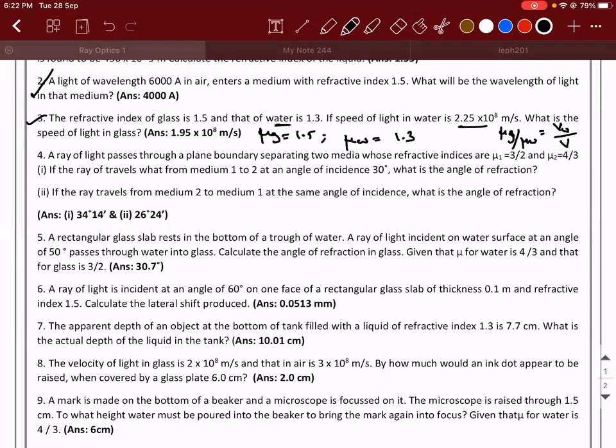Yeah, that's right. So they are inversely proportional. No, refractive index of glass is 1.5. Refractive index of water is 1.3. Will be equal to speed of light in water is going to be 2.25 into 10 power 8 divided by speed of light in glass will be Vg.